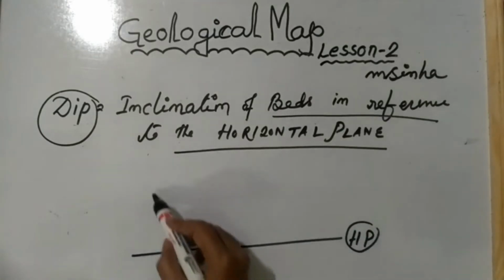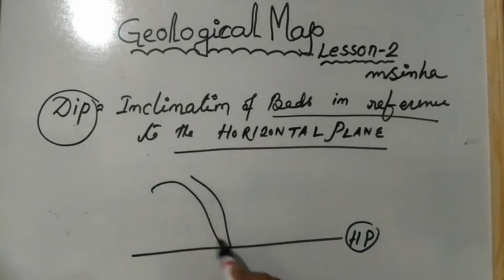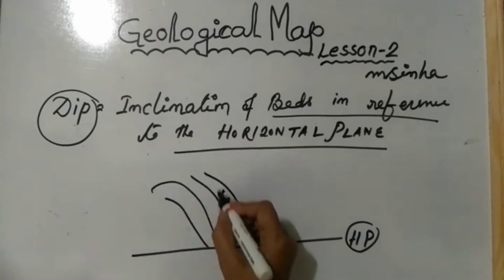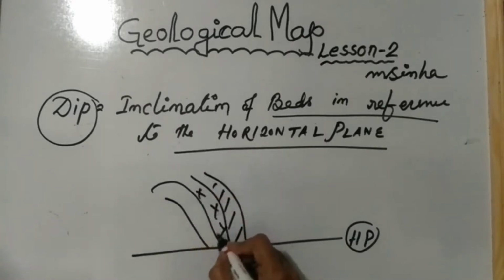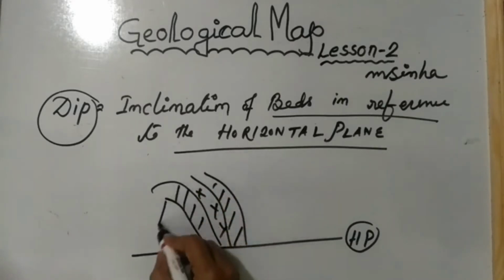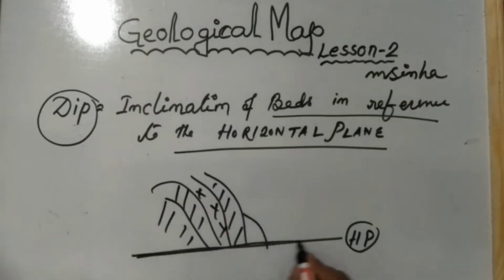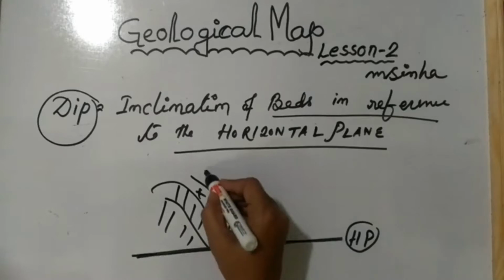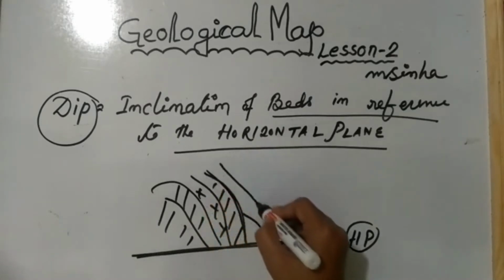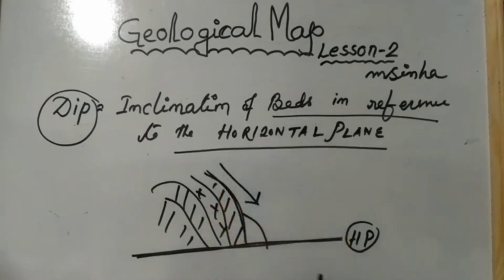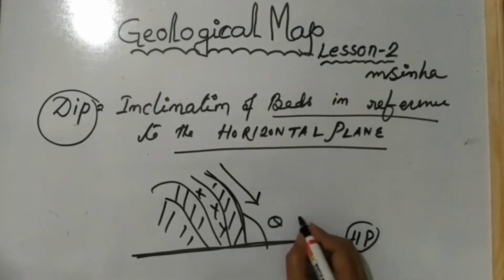Suppose these are beds: bed 1, bed 2, bed 3, bed 4. This is the horizontal plane and this is the inclination of the beds. In that direction, beds are inclined. So this angle, suppose this is theta, this angle is the dip.